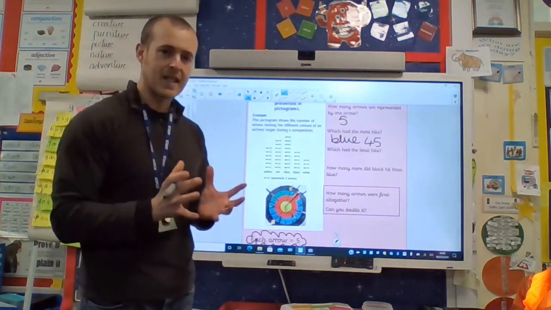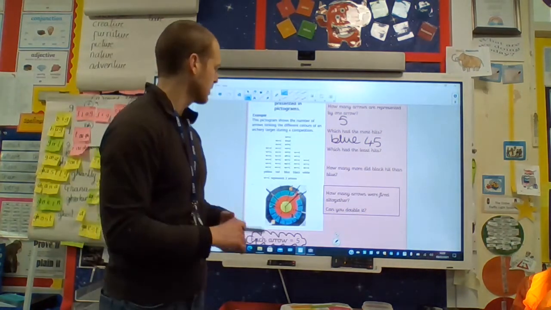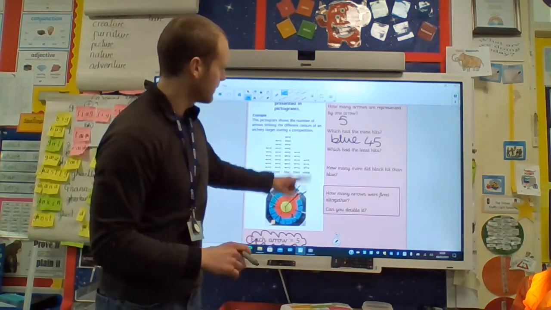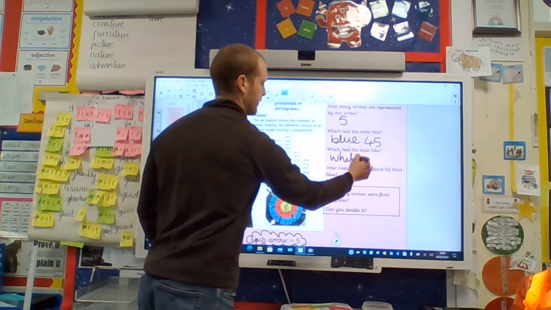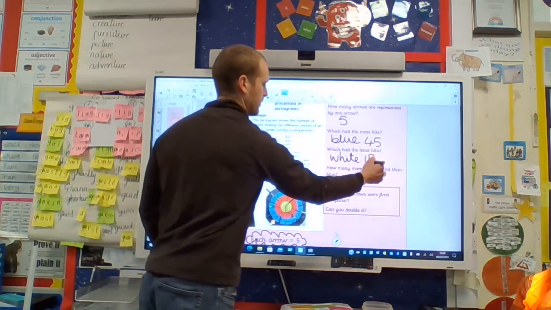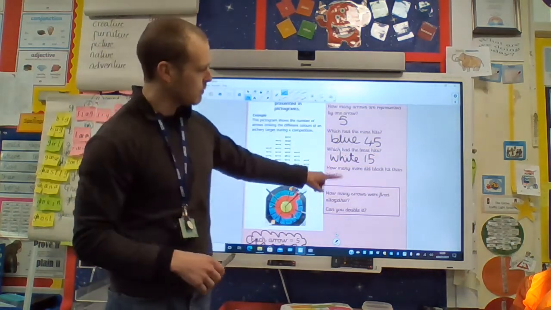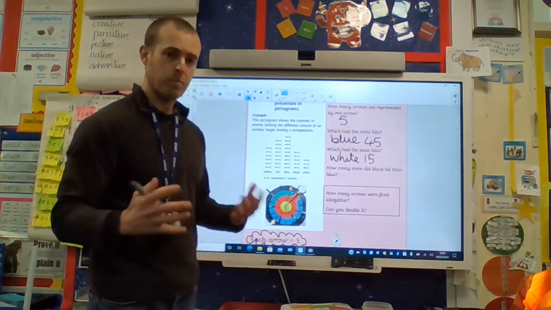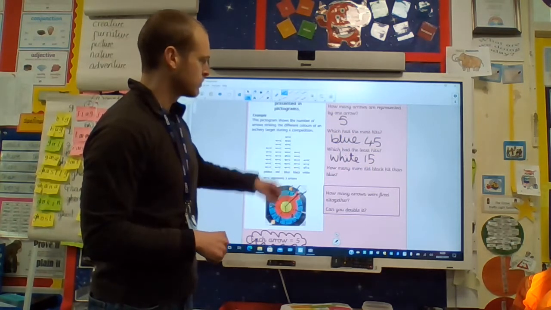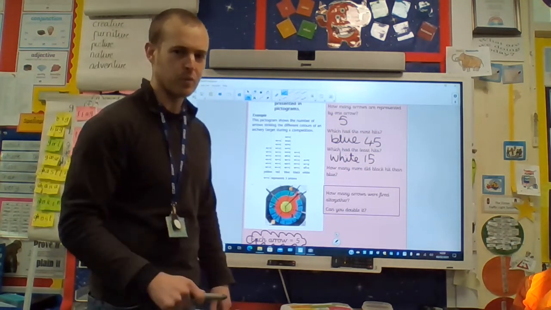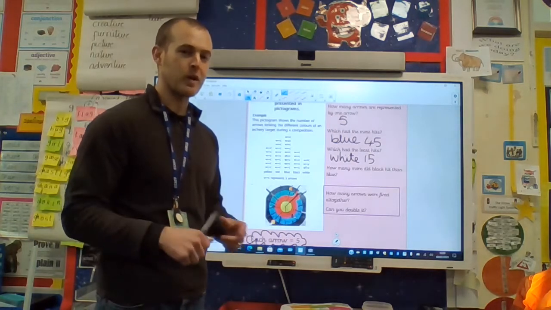Which had the least hit? So that's the least amount. 5, 10, 15, white. Okay. How many more did black hit than blue? Let's have a little look. Oh, that's a bad question, boys and girls. Let's swap that question around.